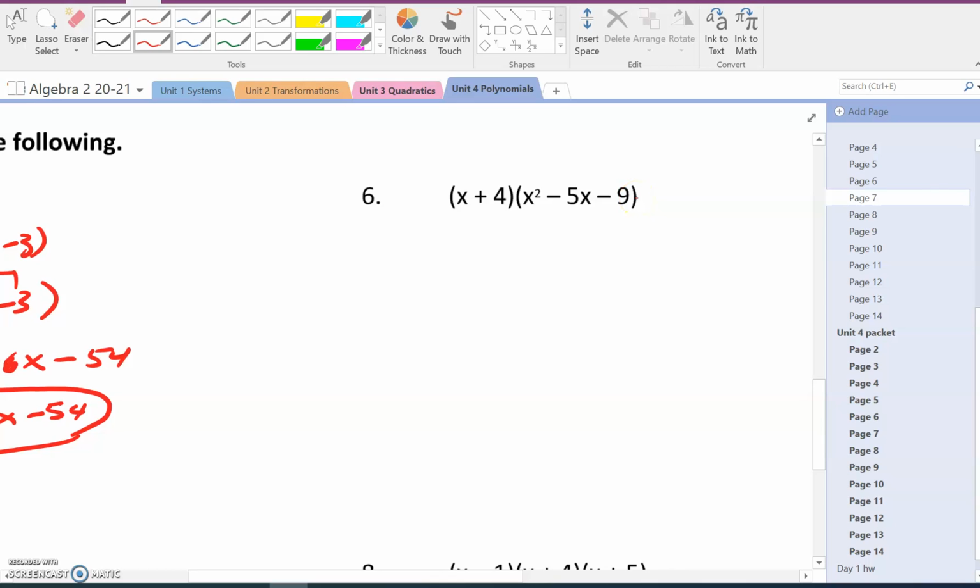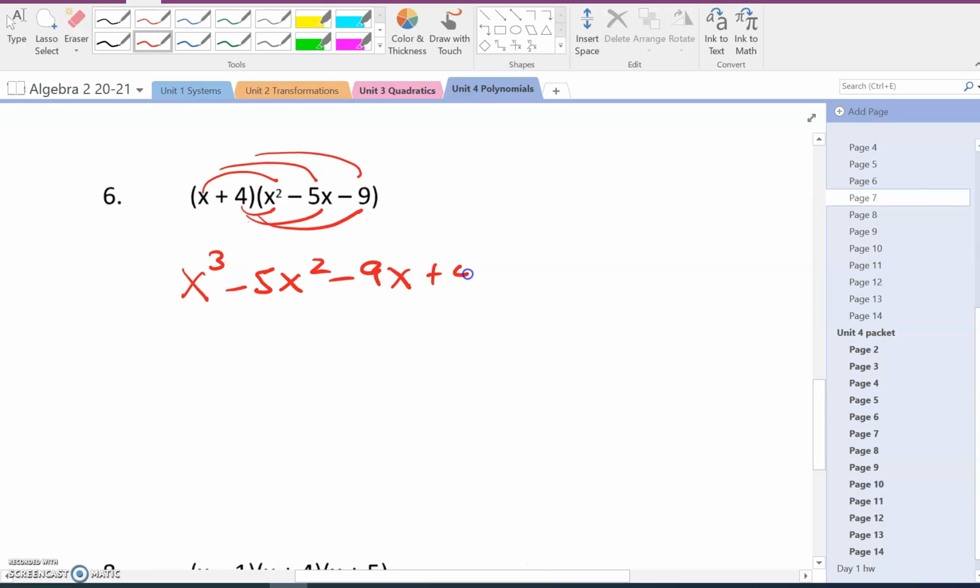The next one is a binomial times a trinomial. You could do what's called the box method, which is pretty easy. Or you could just distribute this to all 3 and then this to all 3. So x times x squared is x cubed. X times negative 5x is negative 5x squared. And minus 9x.